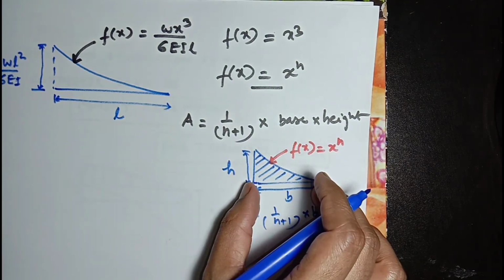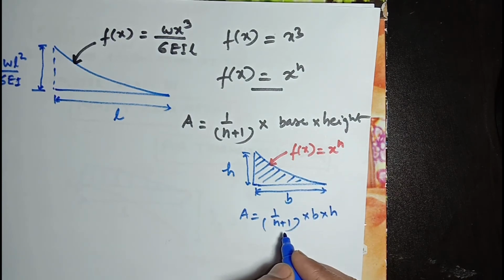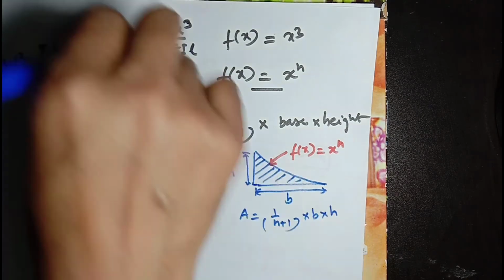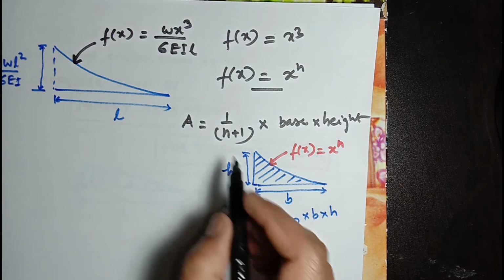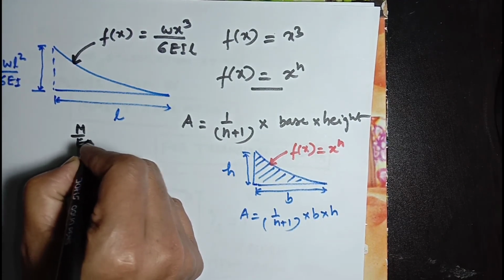Now, as in this expression for the M over EI diagram, this is the M over EI diagram.